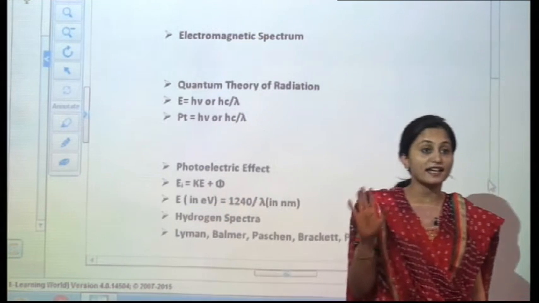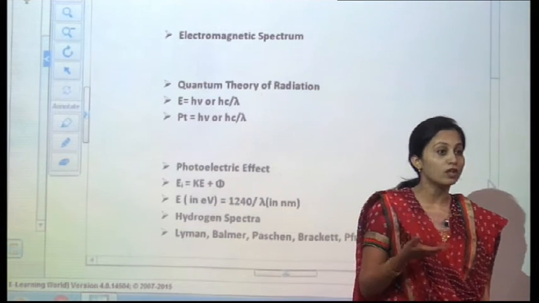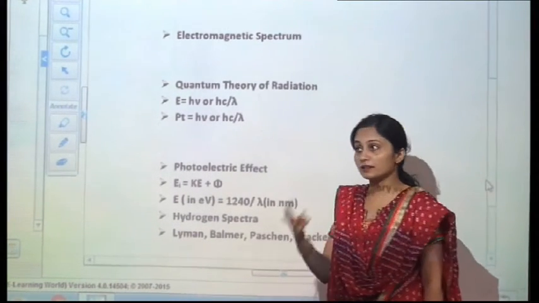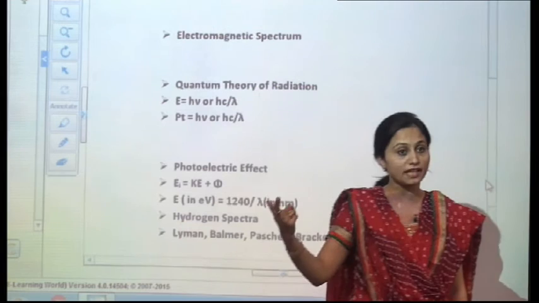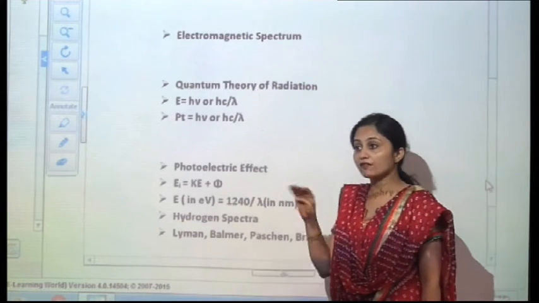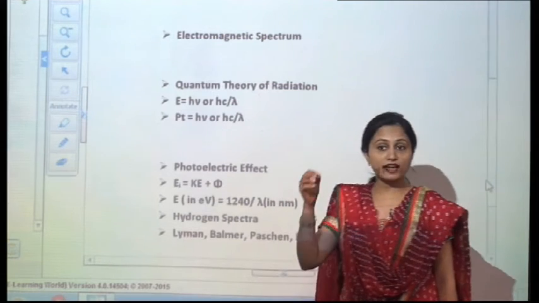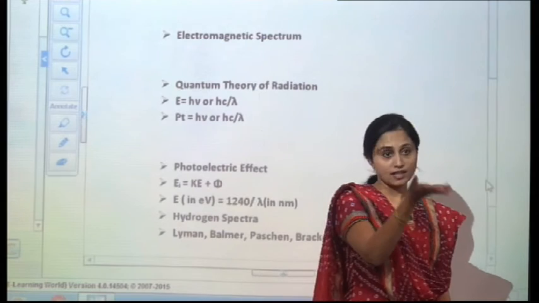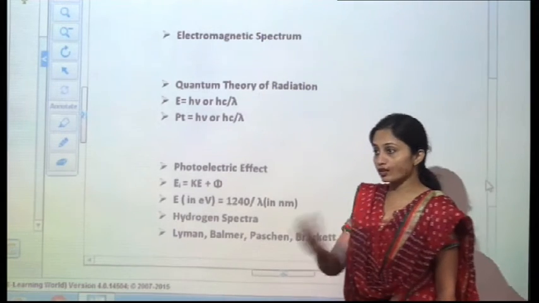Repeat it again. Kinetic energy is directly proportional to frequency. The third point was that the number of electrons ejected depends upon the intensity. And the fourth point I stated was that there should be no time lag between the incident radiation and the ejection of electrons.